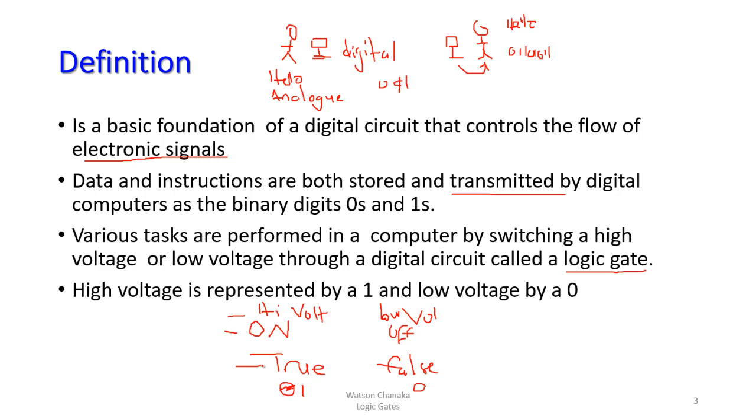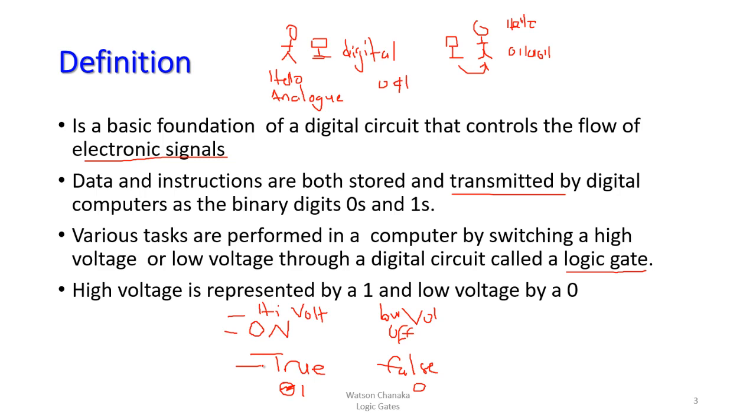Then from the fourth generation, they created the integrated circuit at large scale integration, which means we are talking about the microprocessor. That microprocessor has thousands of logic gates integrated inside the device.